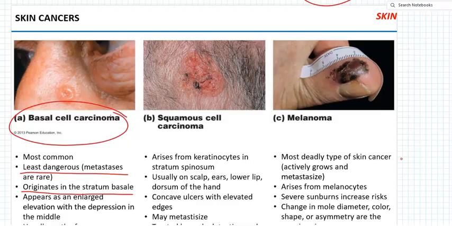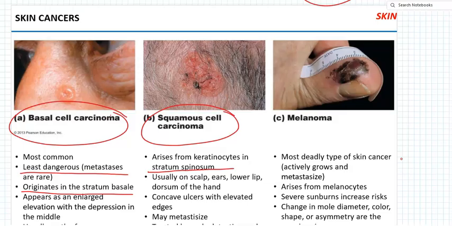Then you have squamous cell carcinoma. This cancer originates in the stratum spinosum. Remember when we were talking about the layers, we mentioned that stratum spinosum contains cells that are alive, but they do not divide.